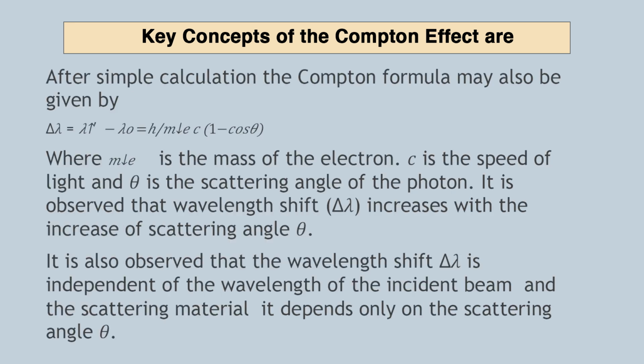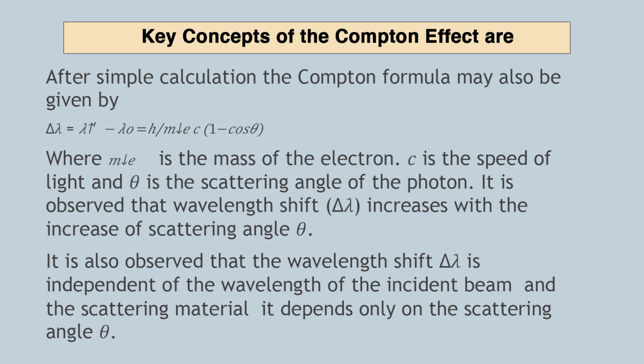After simple calculation, the Compton formula may also be given by del lambda, that is the wavelength shift, equal to lambda dash minus lambda 0 equal to h over m_e c into (1 minus cos theta), where m_e is the mass of the electron, c is the speed of light, and theta is the scattering angle of the photon.